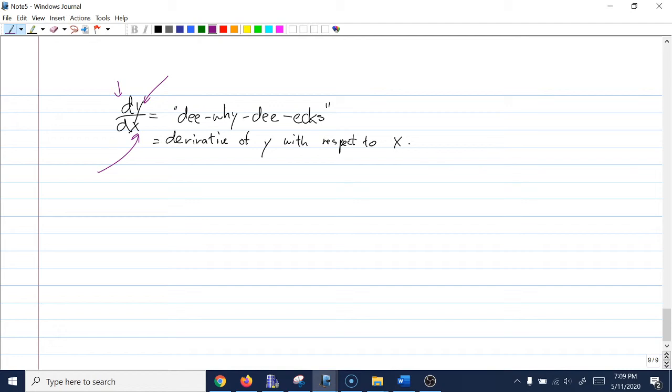Just by writing down dp dt, I automatically know that there is some function p of t out there. Like, the Leibniz notation helps me look at it and understand what's going on. Looks like a fraction. It isn't a fraction.